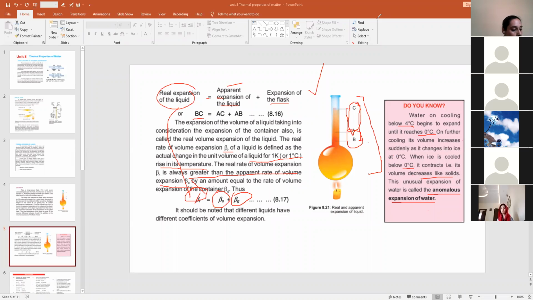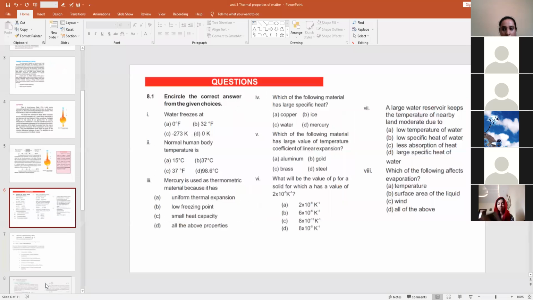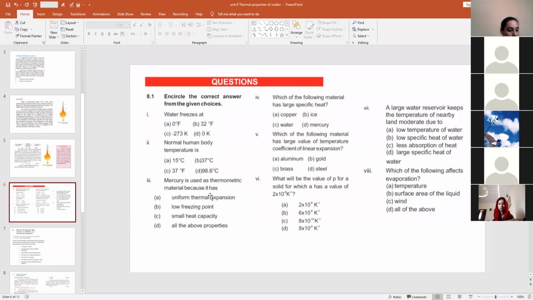Now open page number 191 of your book. We will do the exercise. So students, open page number 191 of your book. Encircle the correct answer from the given choices.